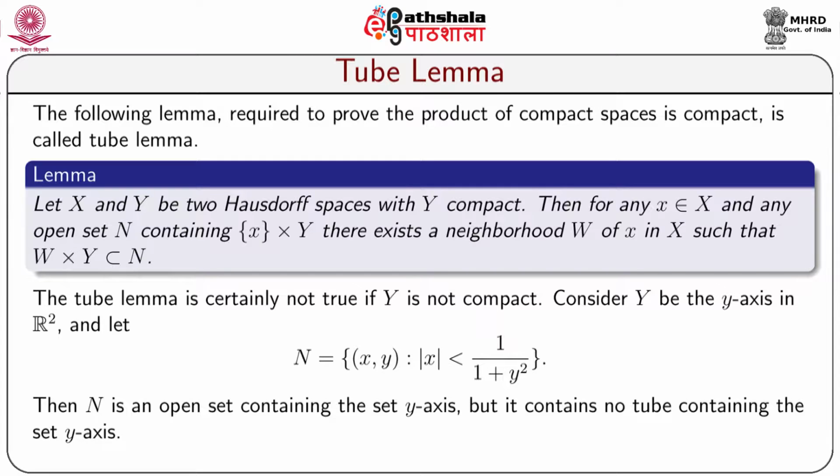Now consider the set N equal to all (x, y) such that modulus of x is less than 1 by 1 plus y square. Then clearly N is an open set containing the y-axis, but it contains no tube containing the y-axis.